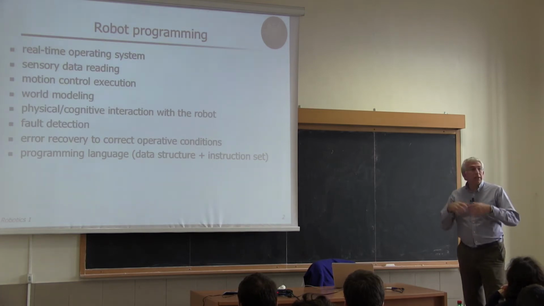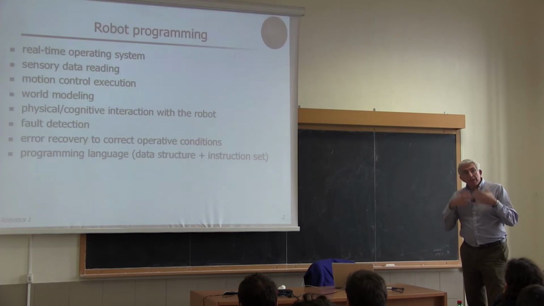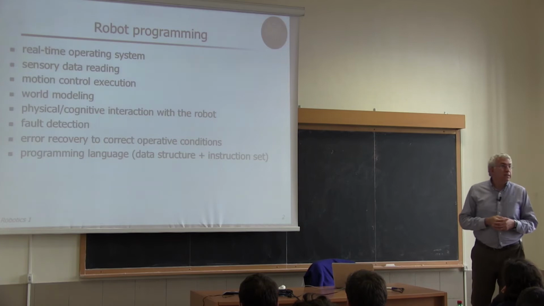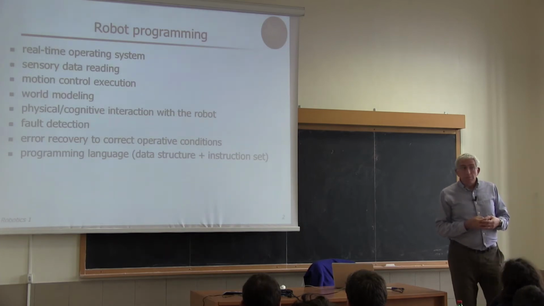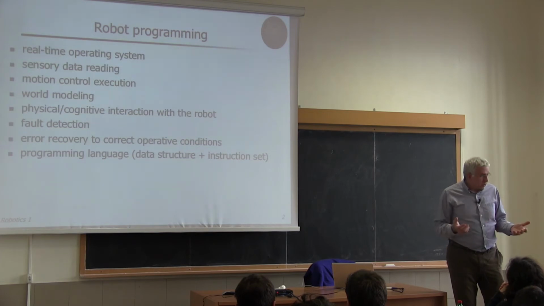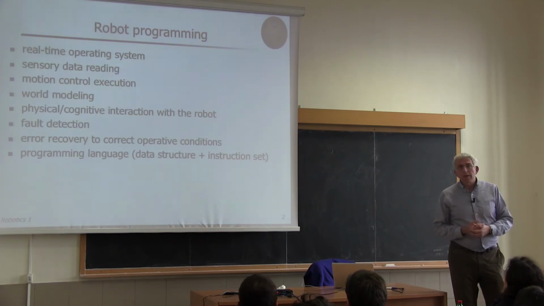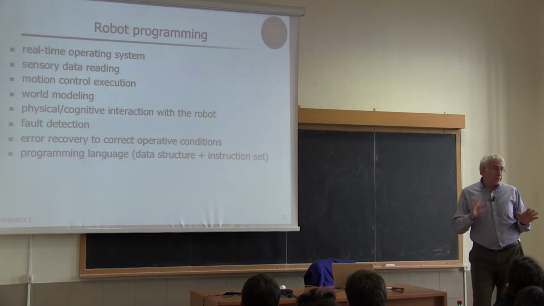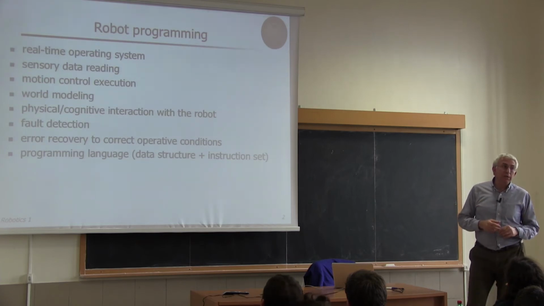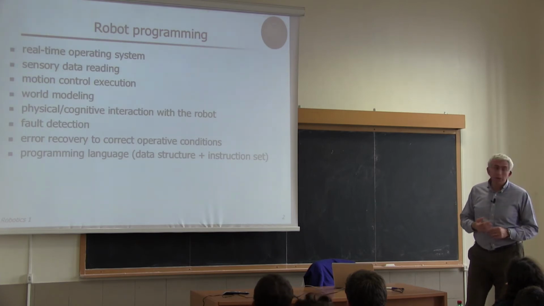So how this is integrated into a programming and control architecture is also very important, as well as the fact that you should monitor your sensors and actuators and detect if there are faults. Especially in the presence of a human, this is a requisite for guaranteeing safety in all conditions.